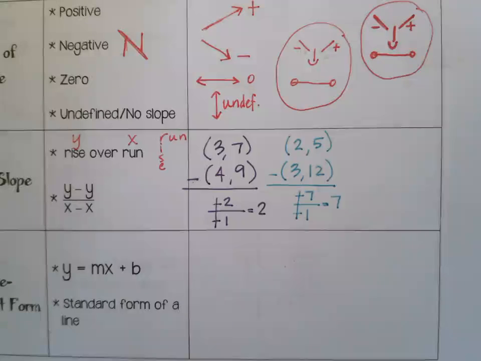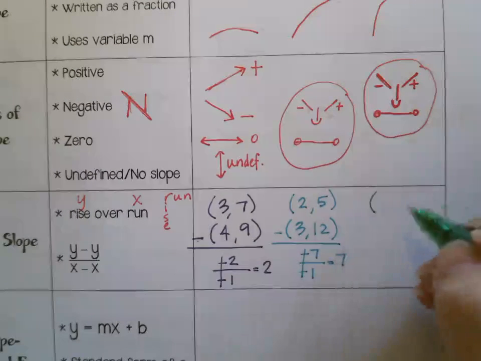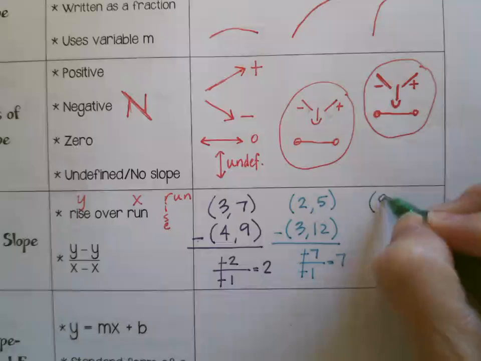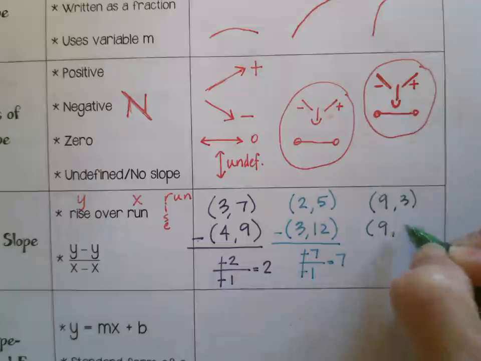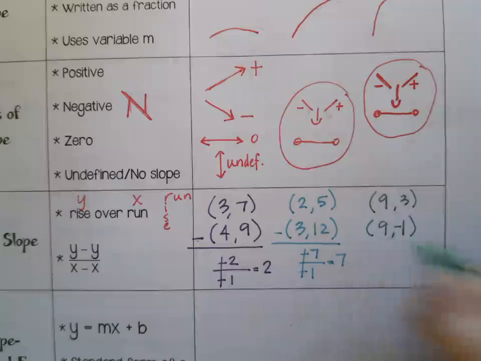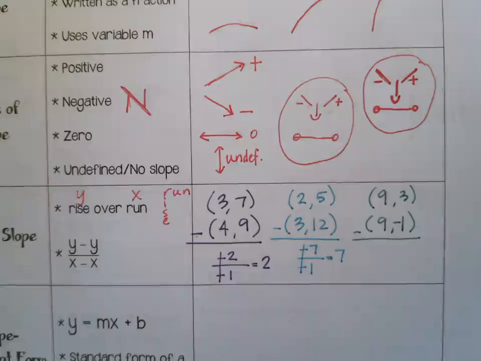Those cancel. We can just write that as 7. All right. Let's say we had (9, 3) and (9, -1). All right. So stack them, and then we're going to subtract them.